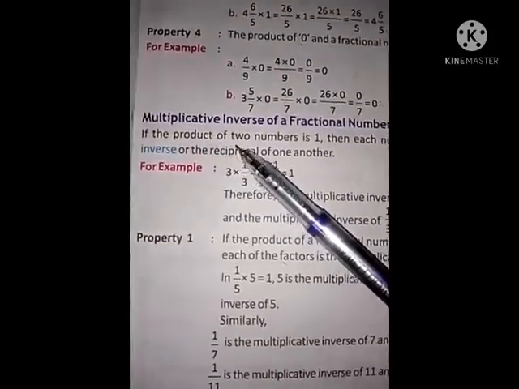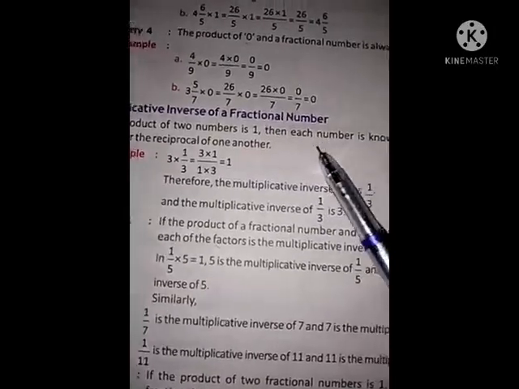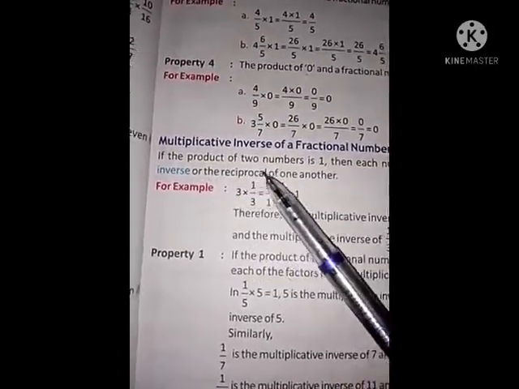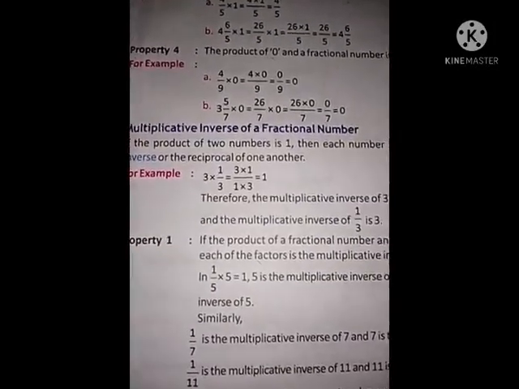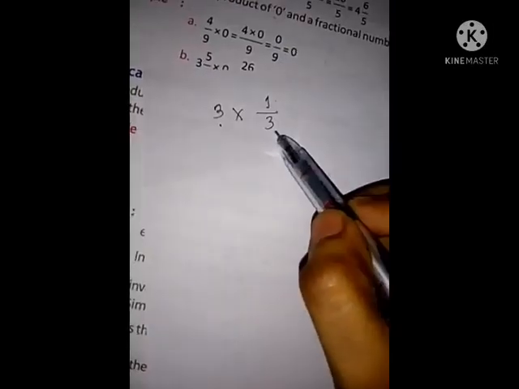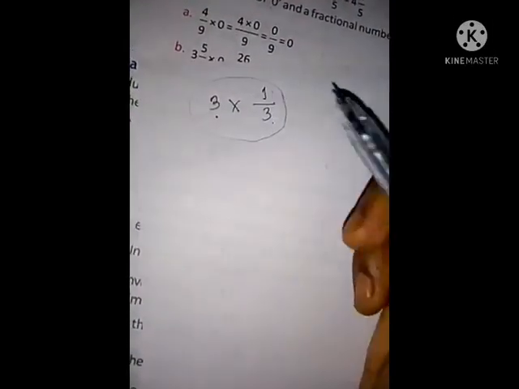Now see multiplicative inverse of a fractional number. If the product of two numbers is 1, then each number is known as the multiplicative inverse or the reciprocal of the other. If we multiply 3 into 1 by 3, then what will be the answer? The answer will be 3.